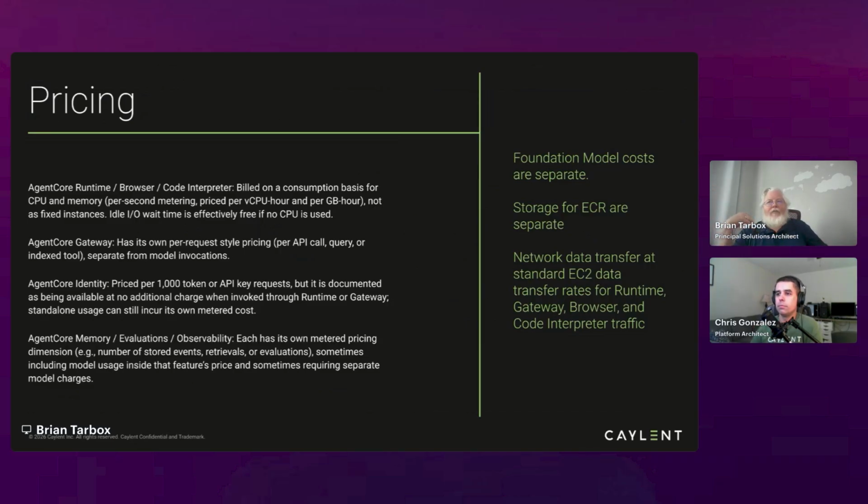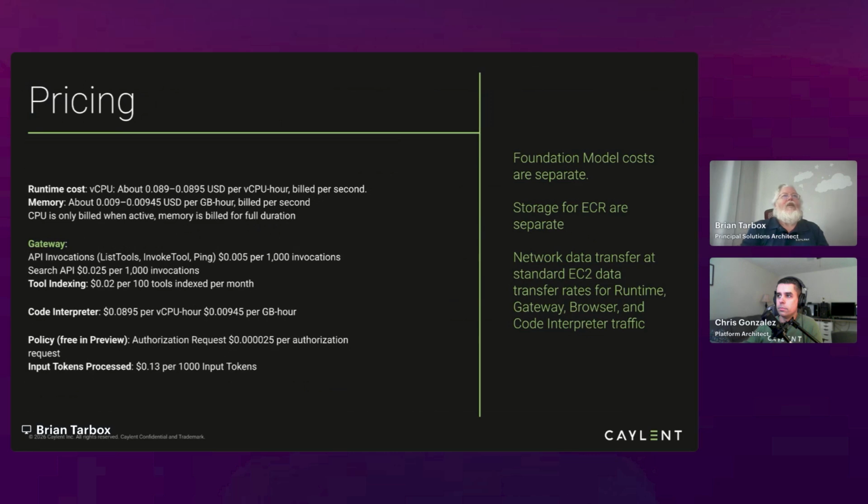So it's tricky to figure out, and we can't give you exact numbers here. But just understand the dimensions where costing happens. And these are some sample numbers. The numbers are quite small.